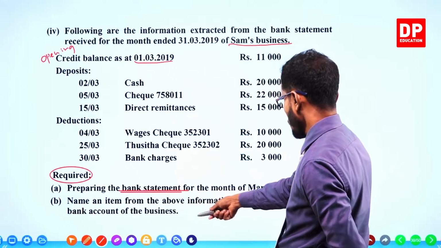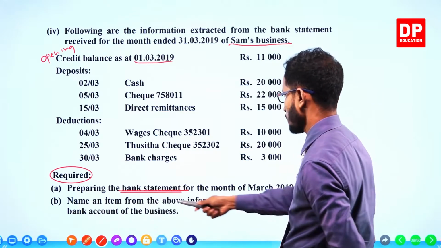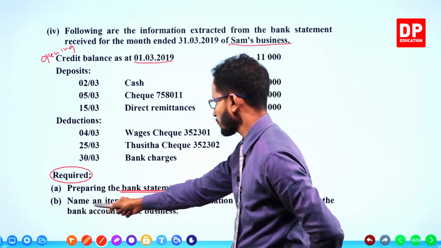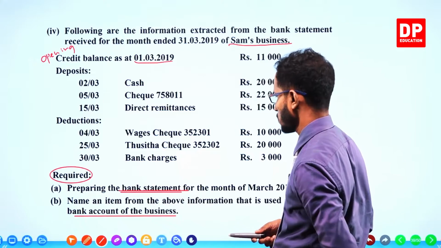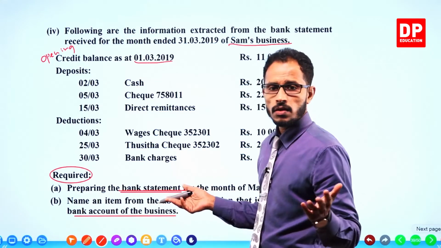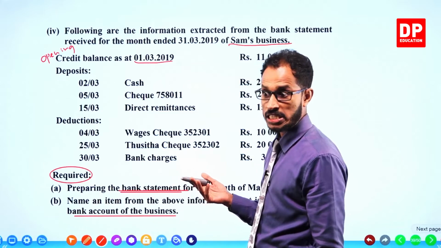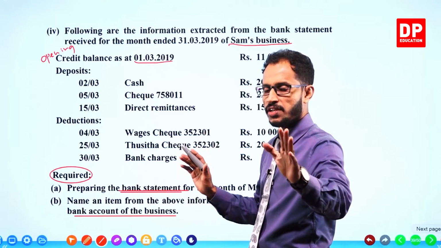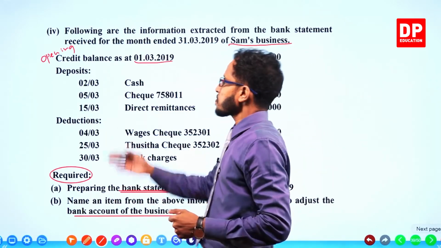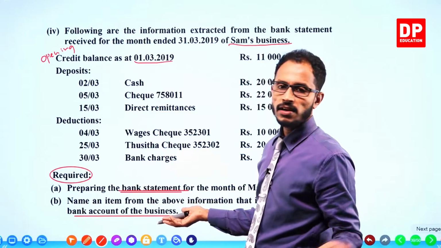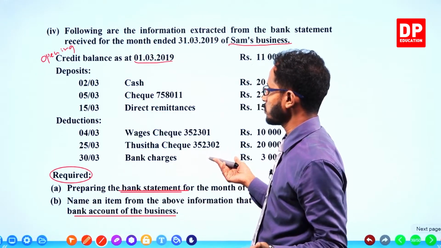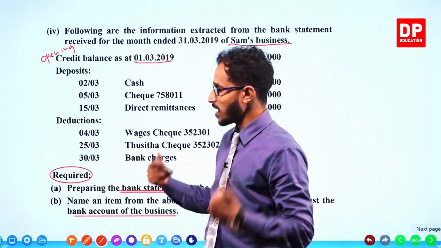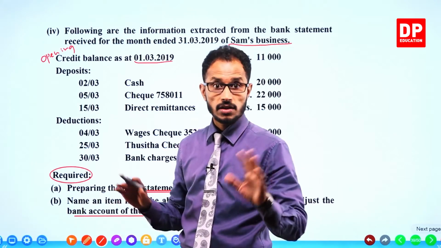Name an item from the above information that is used to adjust the bank account of the business. In this question, I need to bring this point to your notice. Like I said, bank reconciliation is not to be prepared. They haven't asked you to prepare the bank reconciliation.